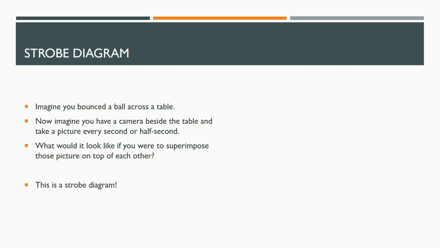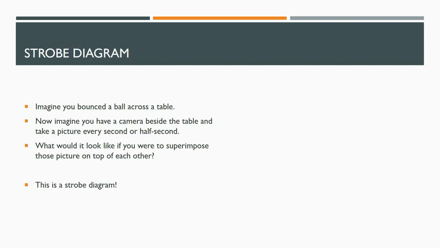In the last part of the next lab, you will talk about a strobe diagram or a strobe picture. And what is a strobe picture? A strobe picture is taken with the strobe light, and because the strobe light flashes at consistent time intervals, you're able to see how an object moves.